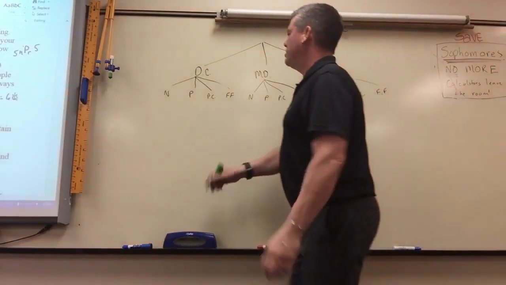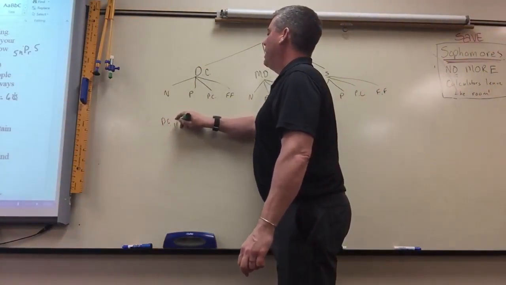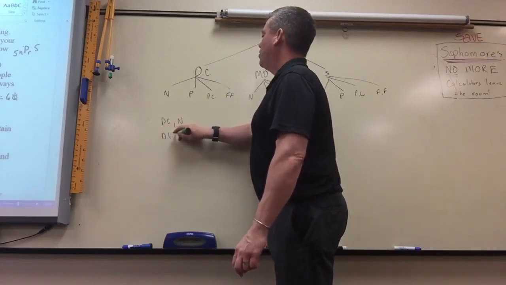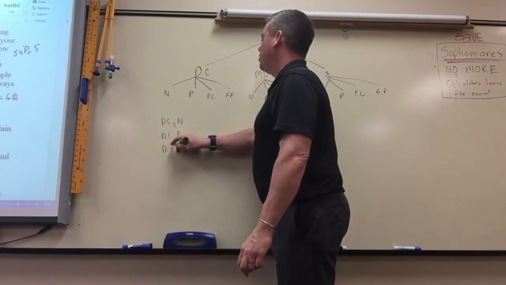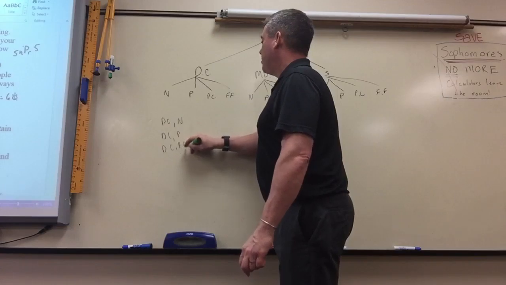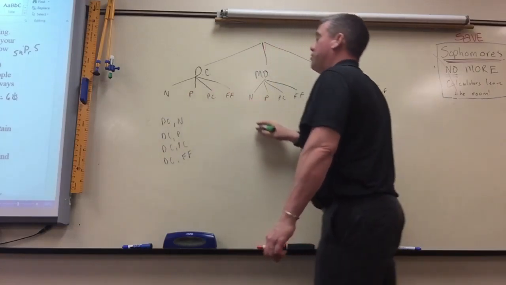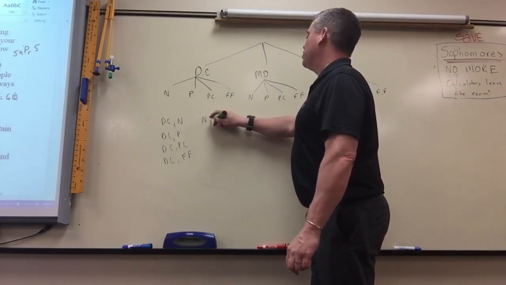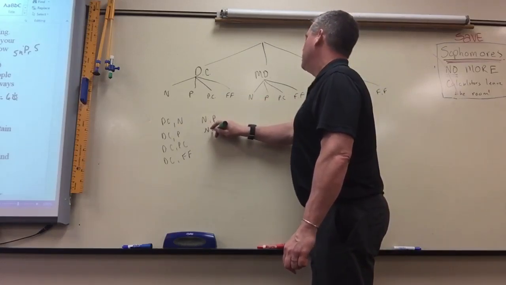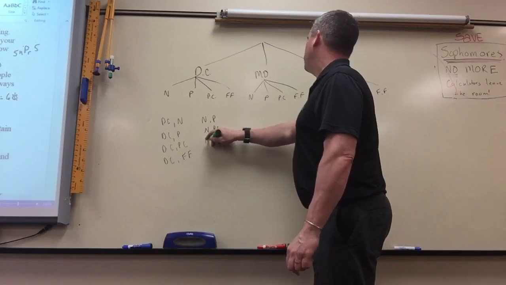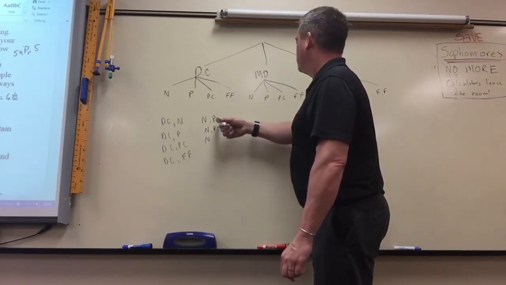Now if you did a list, you could have Diet Coke and a nacho, Diet Coke and pizza, Diet Coke and popcorn, Diet Coke and French fries. There's those 4, and then here you'd have nachos and pizza, nachos, popcorn, nachos. What else did you do? The pop?